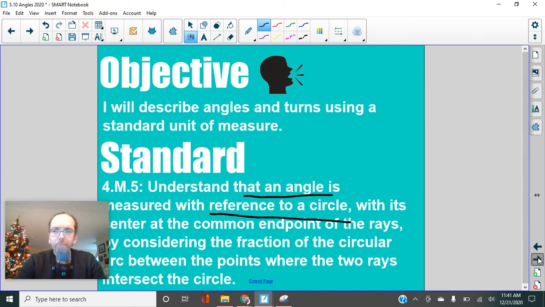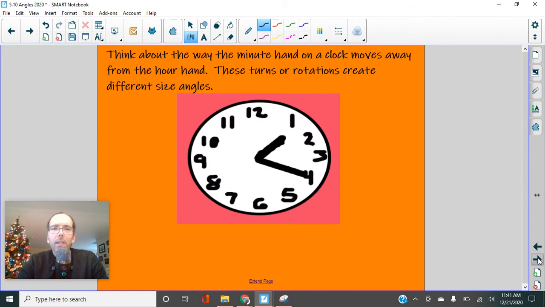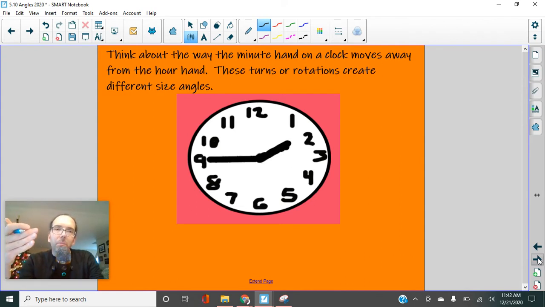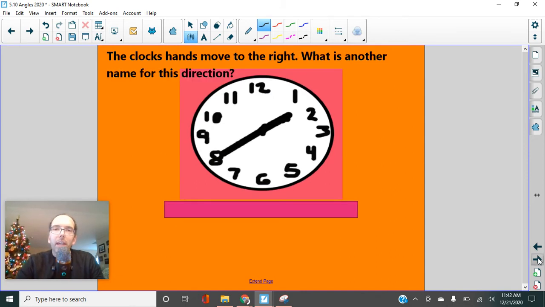All right, so think about the way that a minute hand on a clock moves away from the hour hand. These are turns, different size angles. So watch this. There's a different angle right there, bigger, bigger, bigger. The amount that it is open is changing. These rotations are creating the different size angles.